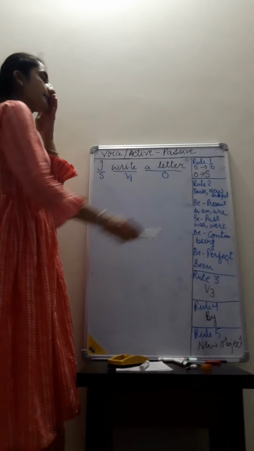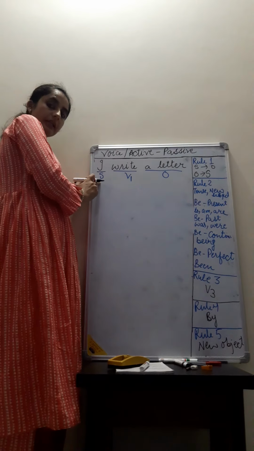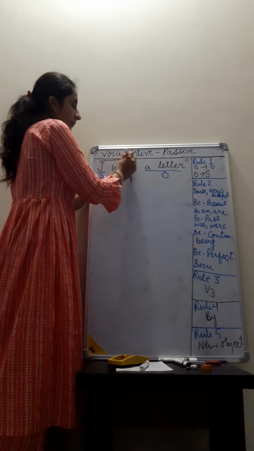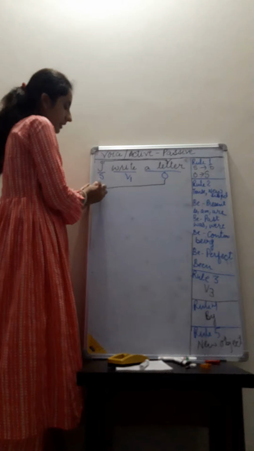There are a few rules to change active sentence to a passive sentence, and we will go through these rules. Rule number 1 says change the subject to object and object to subject. Our subject is I. We will make it object, and our object is a letter. We will make it a subject and bring it in front. So, a letter.